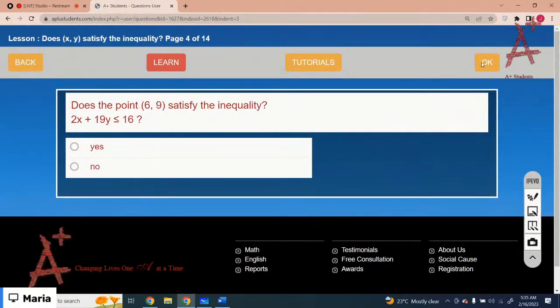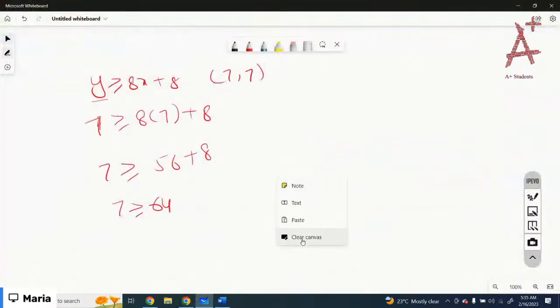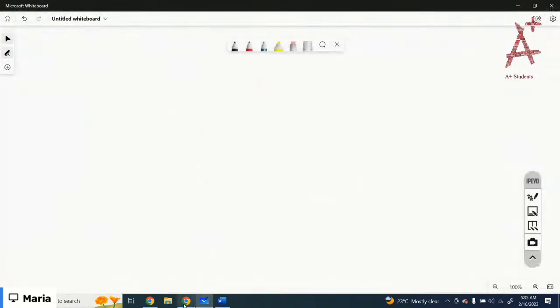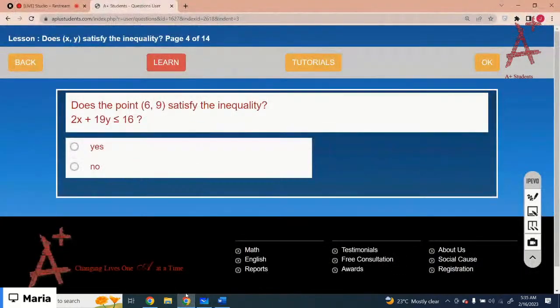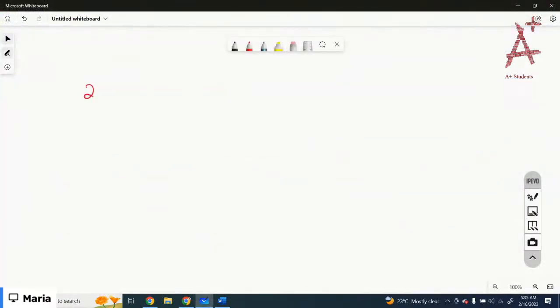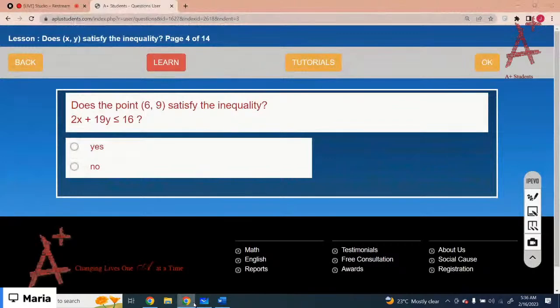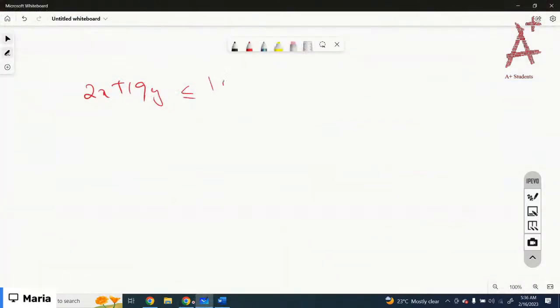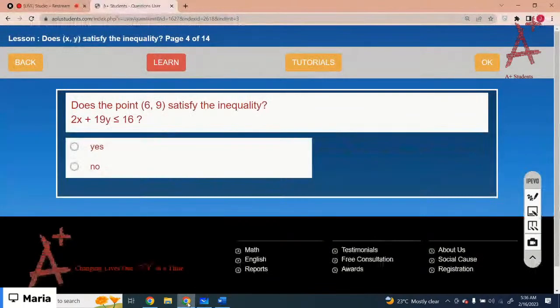Okay, the next one is, does the point (6, 9) satisfy the inequality? The inequality is 2x plus 19y less than or equal to 16, and the point is 6 and 9.